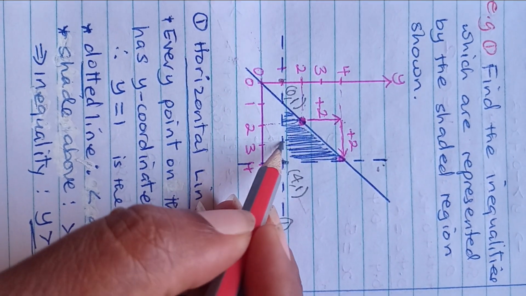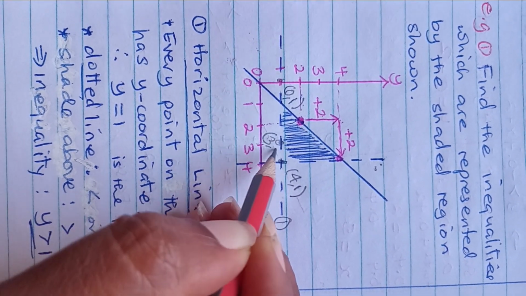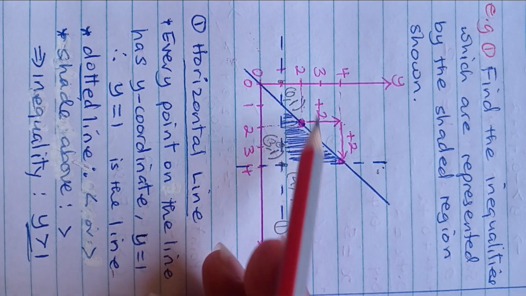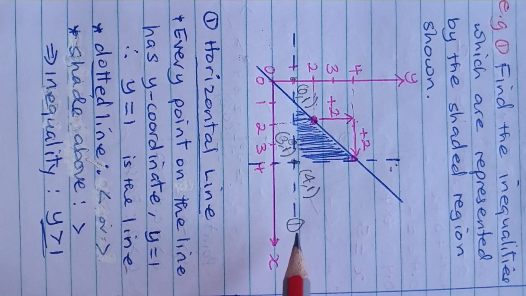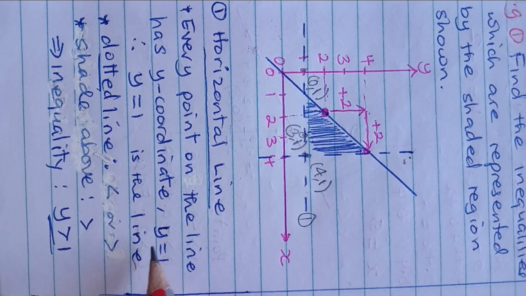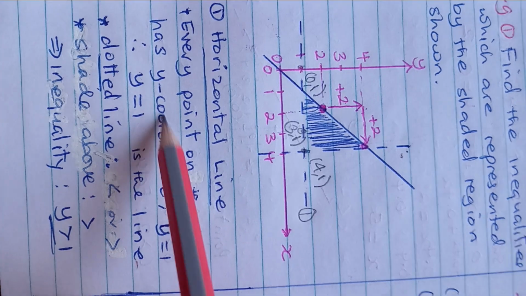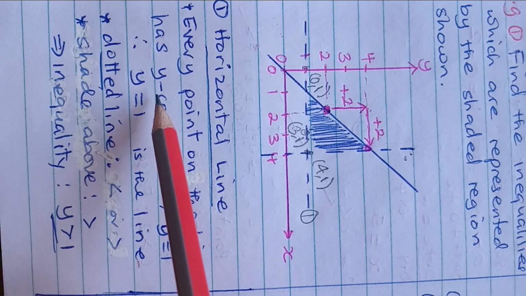This point, x equals 3 and y equals 1. Now, every point on the horizontal line gives you the y coordinate of y equals 1. Therefore, the equation of this horizontal line is y equals 1.